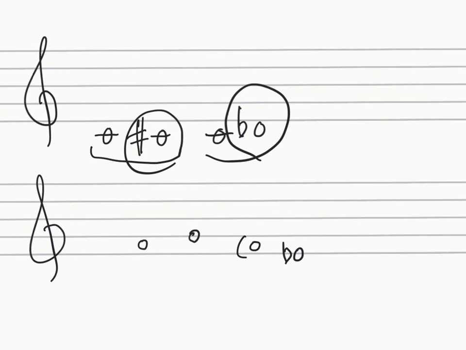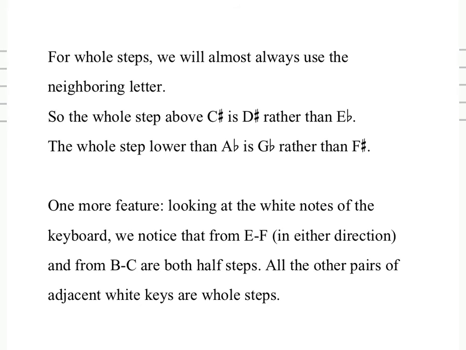We want the letters to be next to each other. And this is what I just explained to you. For whole steps, we'll almost always use a neighboring letter, so the whole step above C sharp is D sharp rather than E flat. A whole step lower than A flat is G flat rather than F sharp.